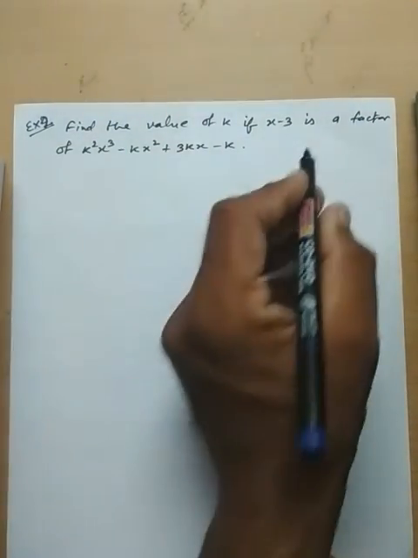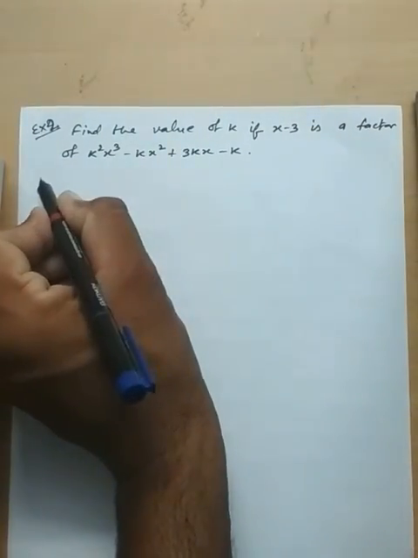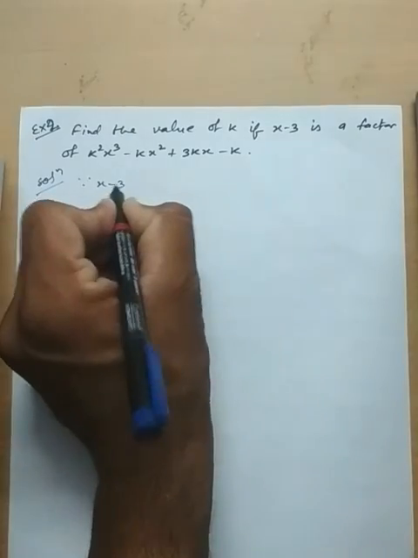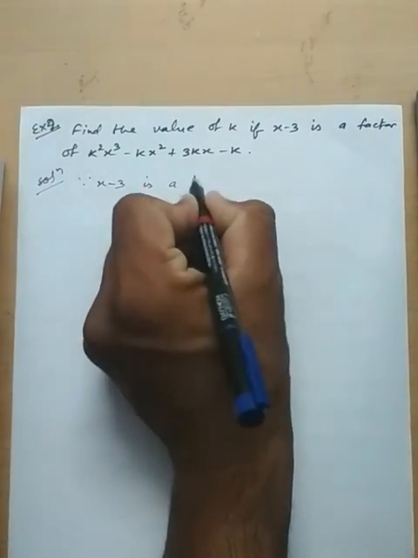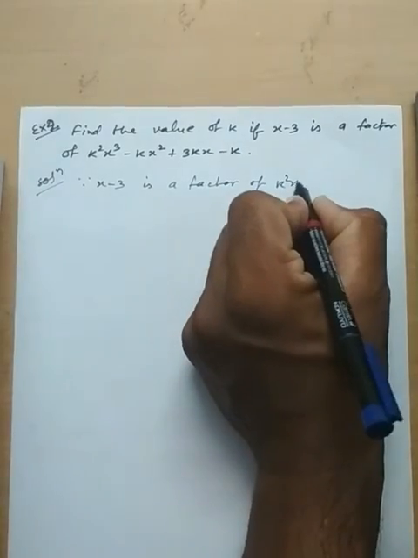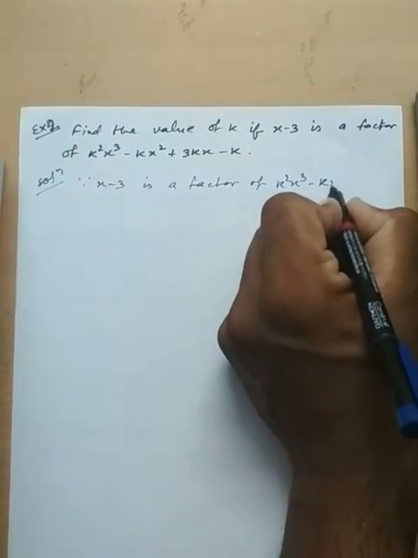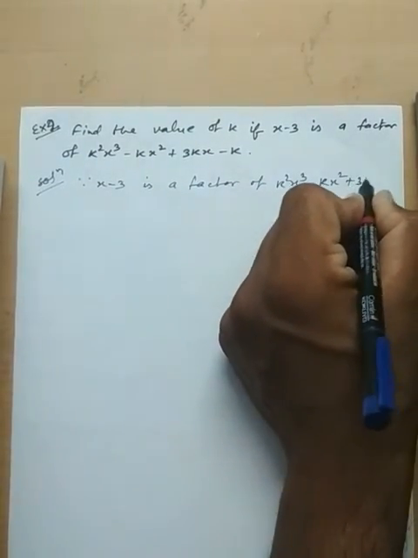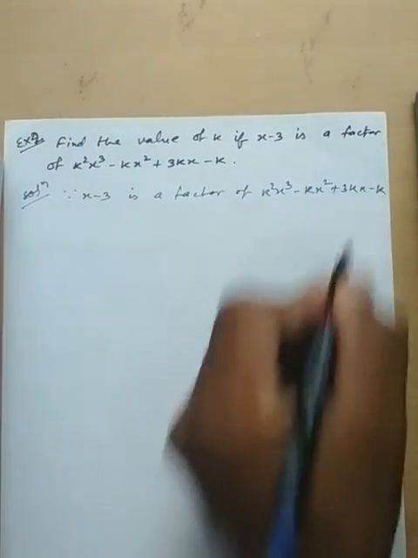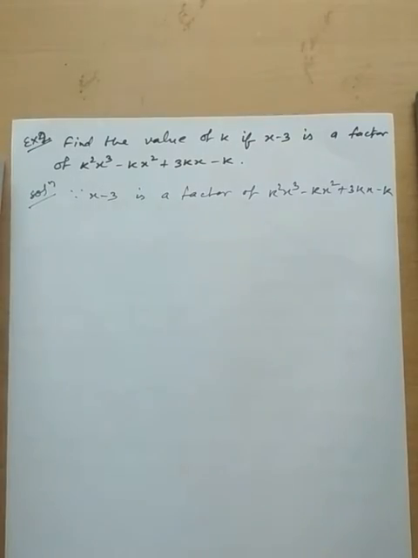Here x minus 3 is a factor. In the solution we can start here. x minus 3 is a factor of k square x cube minus kx square plus 3kx minus k. x minus 3 is a factor, so using the factor theorem, the remainder is 0.